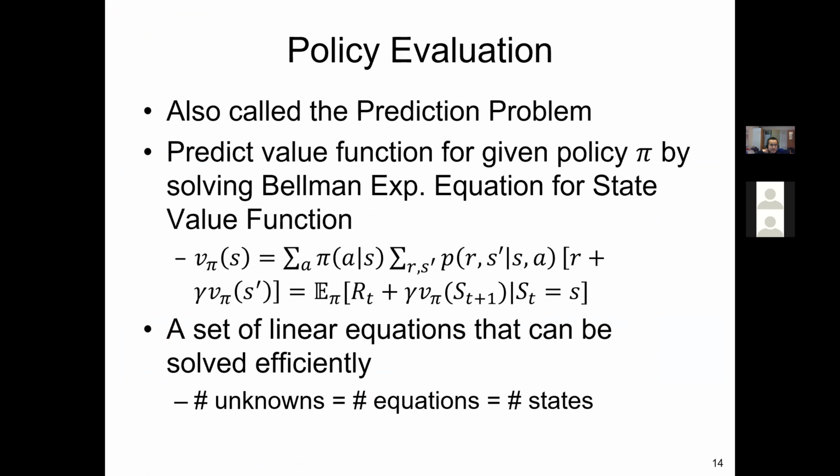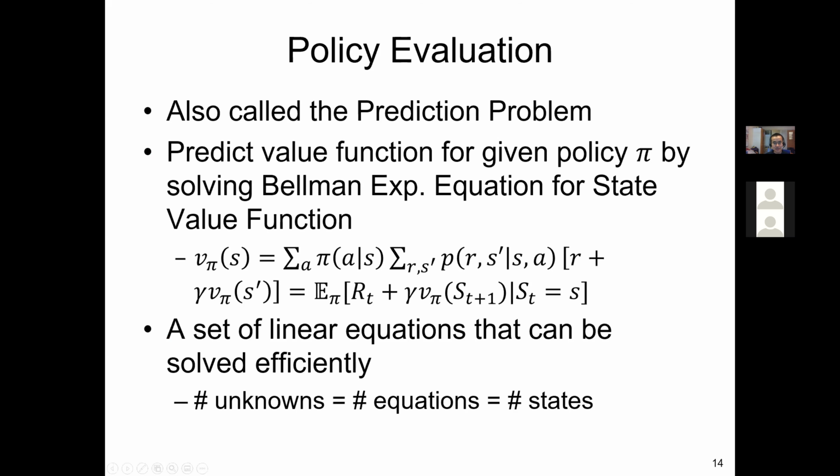So let's look into policy evaluation. It's also called the prediction problem, as opposed to the control problem, which is to find the optimal policy. Here we're given the policy pi, and we're trying to estimate or predict the value function V pi or Q pi.